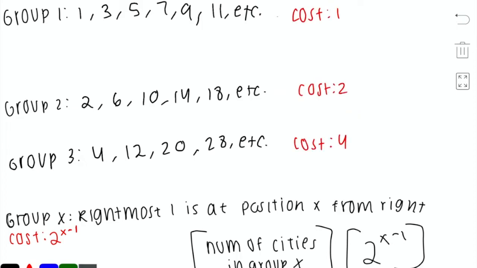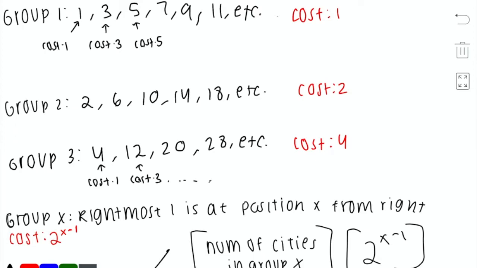Now, one interesting thing to notice is that each number in the group is essentially the cost times 1, the cost times 3, the cost times 5, and this continues in the other groups. For example, in group 3, the first number is the cost times 1. The second number is the cost times 3, and so on.